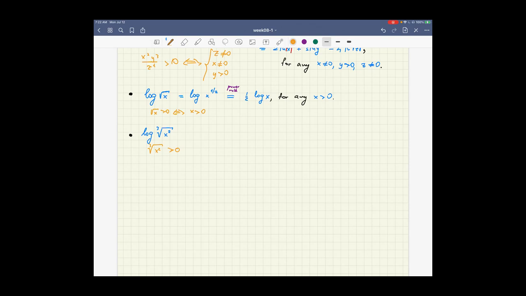Cubic root is strictly positive whenever its argument is strictly positive. And x squared is strictly positive whenever x is not zero. So we only require that x be non-zero.